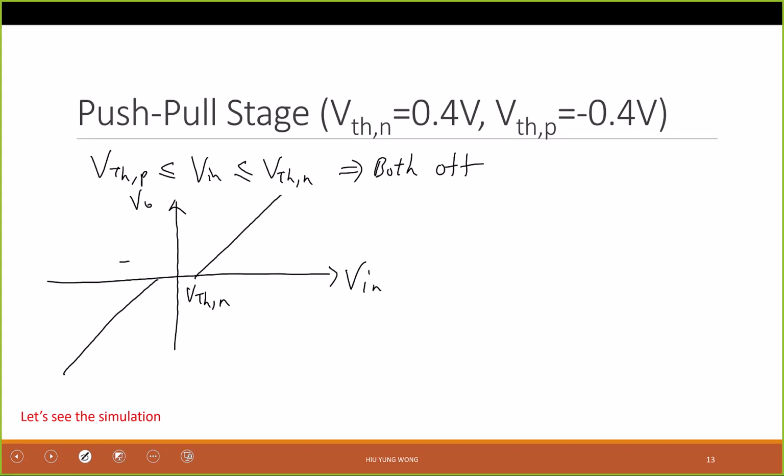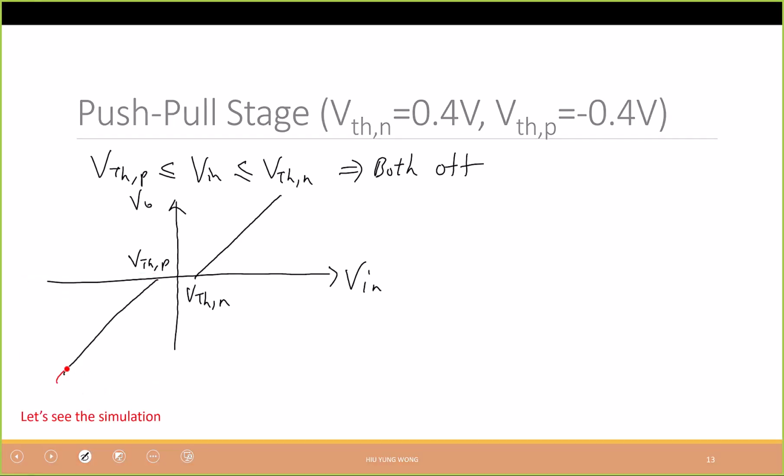It's shifted by VTHP, which is negative. And this is your final curve. Okay, so you don't have limits anymore. However, at the middle, you have distortion.